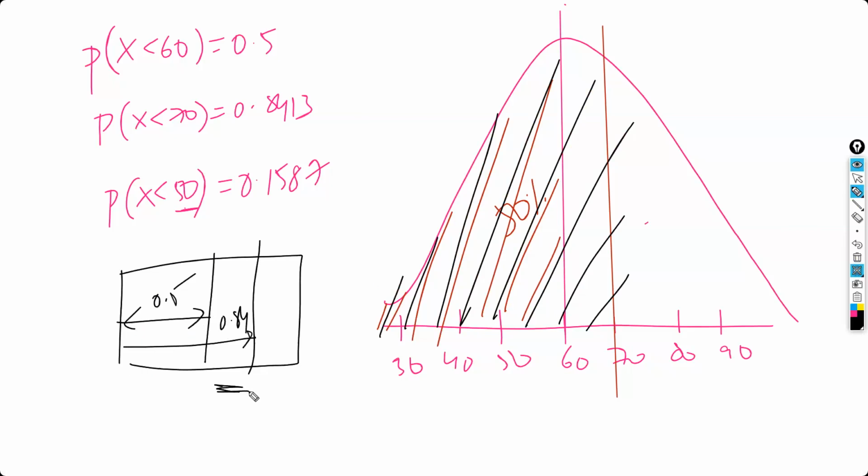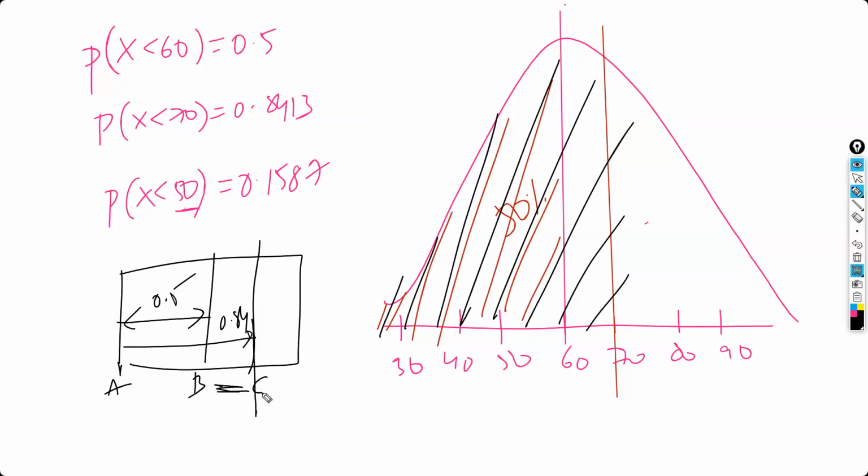Obviously 0.34 only, na? Because from A to B, it is 0.5, from A to C, it is 0.84. What is the distance between B to C? It is 0.34. The big area minus small area. Point is clear?